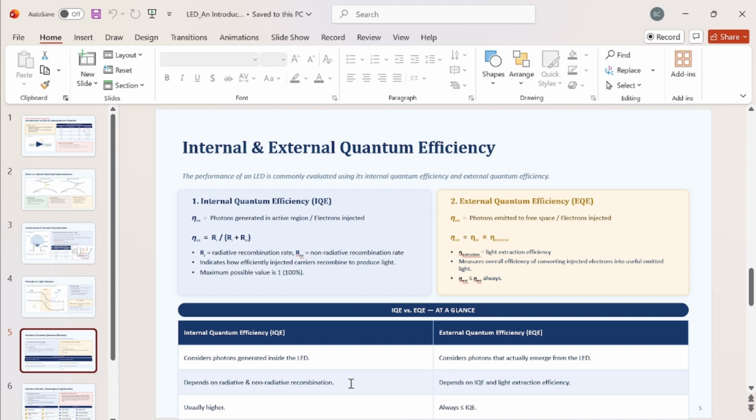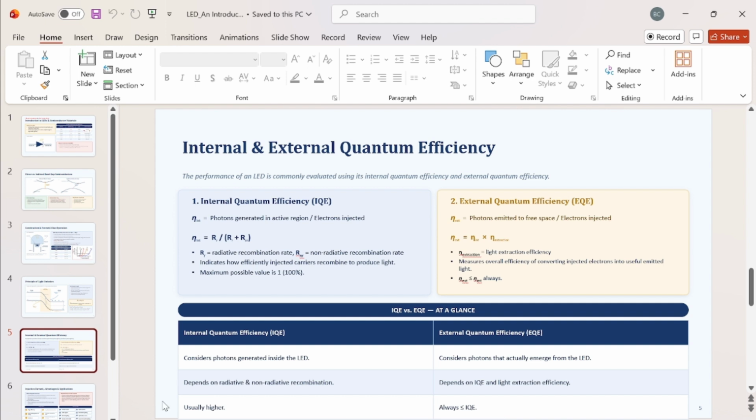Now this internal quantum efficiency depends on the radiative as well as non-radiative recombinations, whereas the external quantum efficiency depends on internal quantum efficiency as well as on the efficiency of light extraction from the device. Internal quantum efficiency is higher, whereas external quantum efficiency is always less than or can be maximum equal to the internal quantum efficiency.